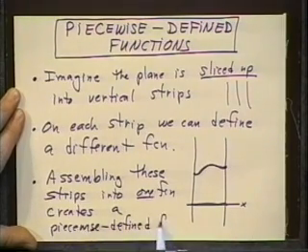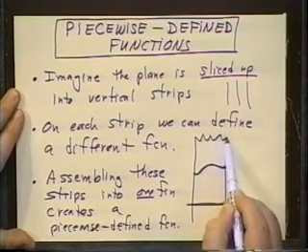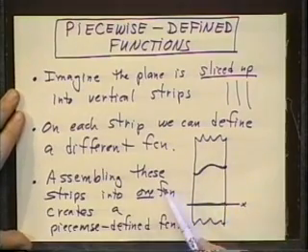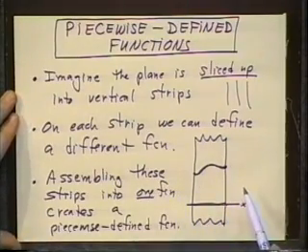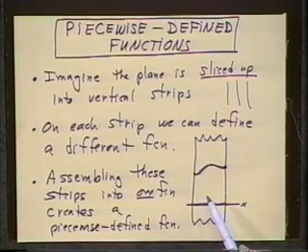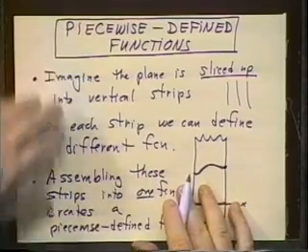We just take these strips, and we indicate the top of the strip there, and there's the bottom of the strip. We take these, we lay them next to each other, and together we have a function. Now, if we create a function in that way, the function will probably not have a simple algebraic formula. It will probably be a function that's defined in pieces, as you might expect. So let me give you an example of such a function.